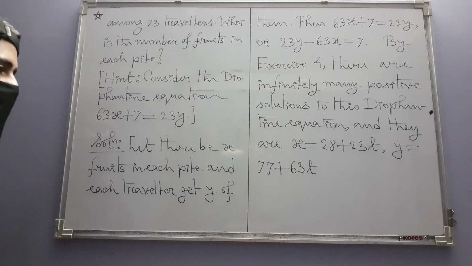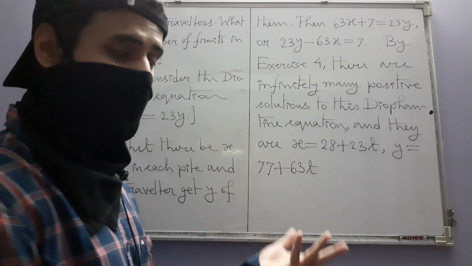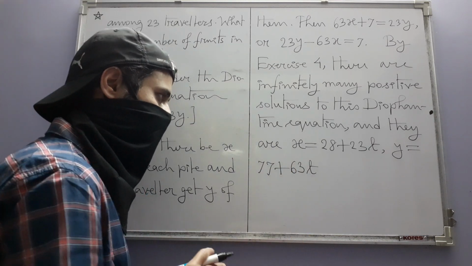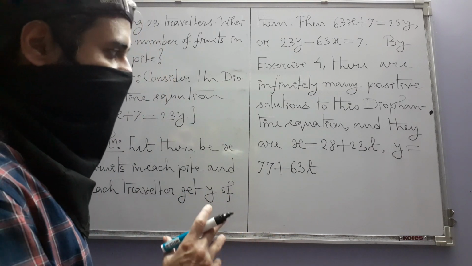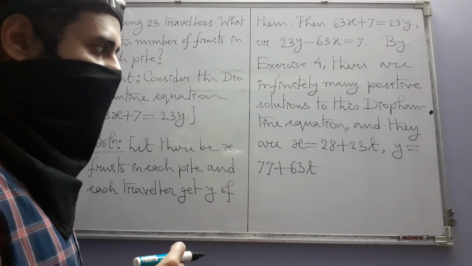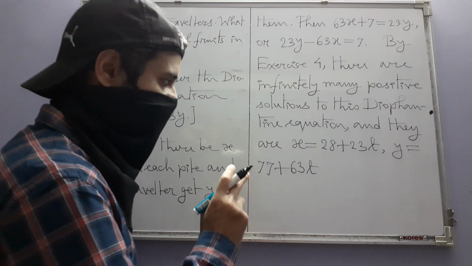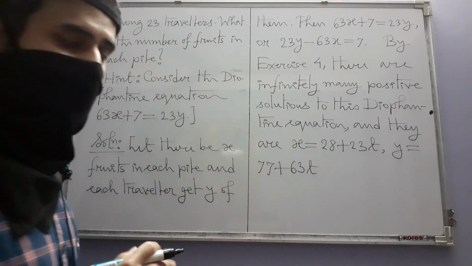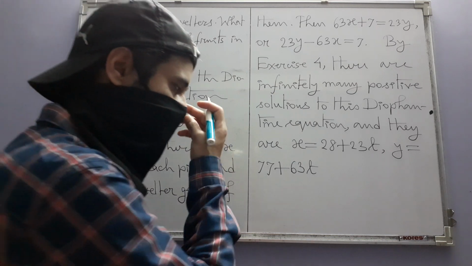You are being asked to conclude this on your own. At least you go back to that theorem. We are consistently using only one theorem, right? That theorem tells us what the general solution of a Diophantine equation is. So we are just using that. So I am not going back to how we are getting this from that theorem. That we have done enough number of times.